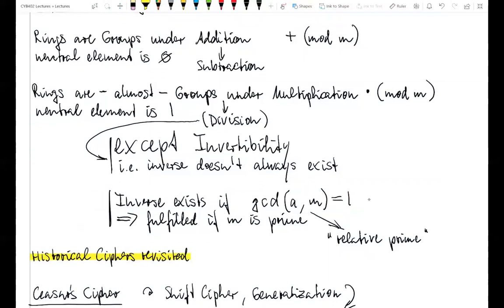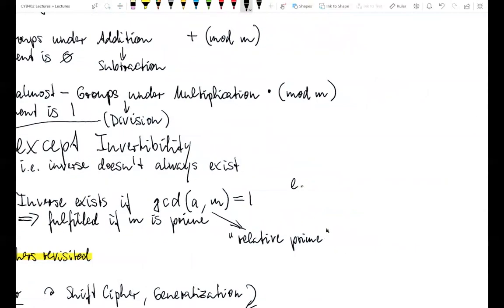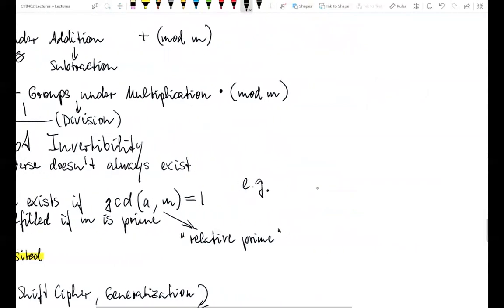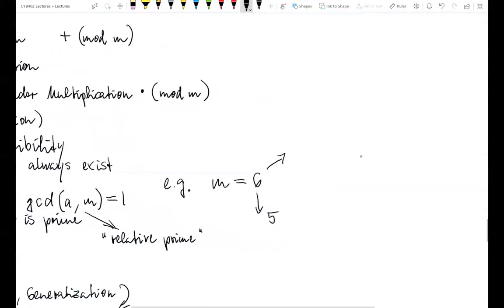So let's say, e.g., m is 6. So numbers that are relatively prime to it, the only number here is really 5. So why is that? Because 6 is 2 times 3.